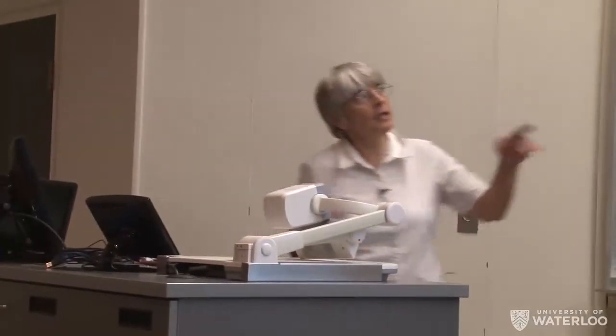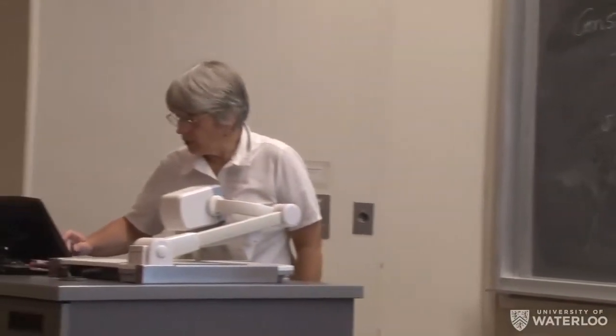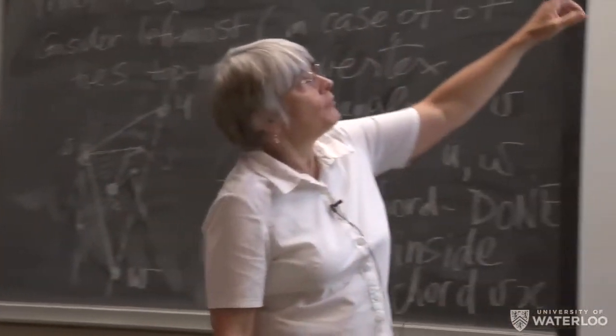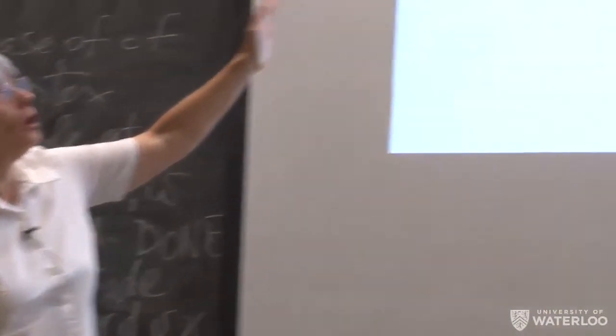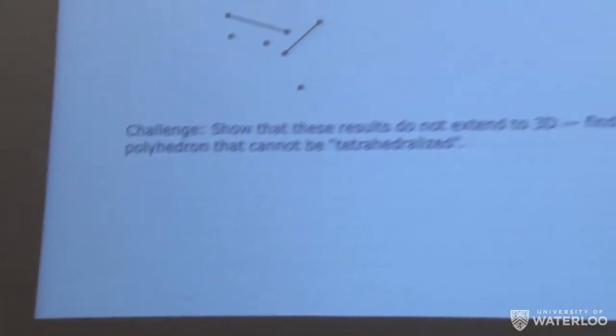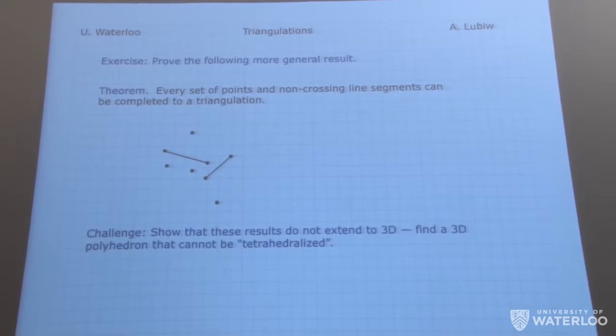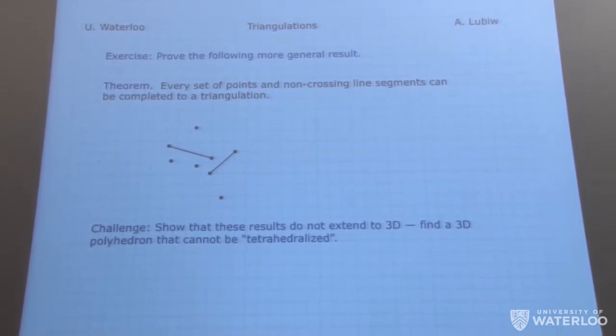And from that lemma, we can prove the theorem by induction. If I had time, I would show the details, but I'm not used to preparing 15-minute lectures. Okay, so as an exercise, I'd invite you to prove the following more general result: if we have a set of points and some non-crossing line segments, so a polygon would be a special case of this, show that we can always complete that to a triangulation.